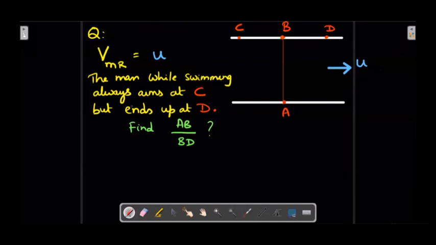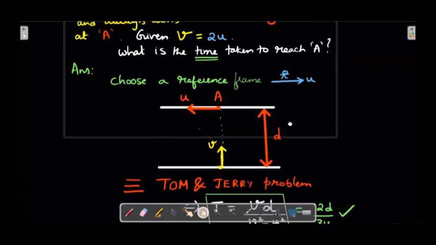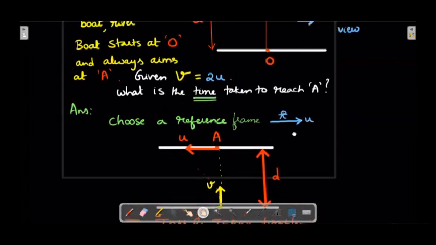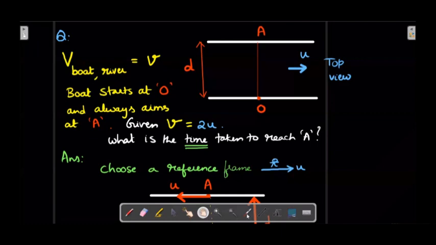Then in the previous question, how can we be sure that it will reach the point where it's headed always? I did it using a different frame of reference, no? We are assuming that Tom will definitely catch Jerry because of this condition. Can you see I changed it? When V is more than U, which is double in this question, I didn't assume that it will reach.